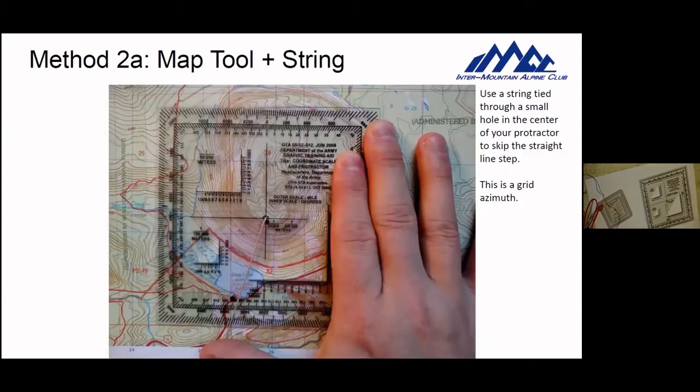Or my little cheater way, not mine, I didn't invent it, but using your string, you're going to place the center of your map tool on point A. You're going to align your crosshairs again to make sure they are parallel with your blue grid lines, and then pull your string taut and read where it crosses your degrees. That's a grid azimuth.